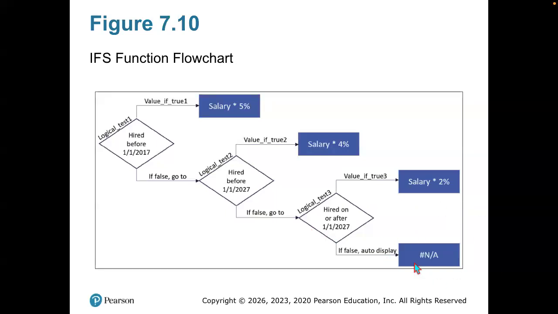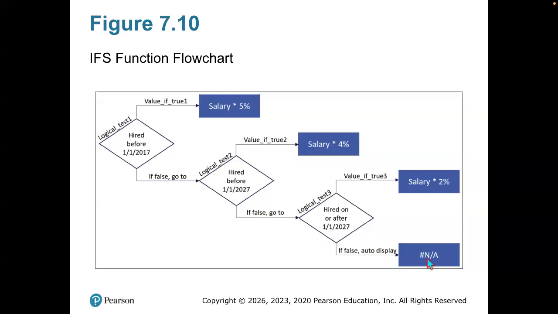But Excel is always going to approach it from the first to the last. So it's going to go first condition, second condition, if that's not true, third condition, if that's not true, fourth condition, on and on. Until if it reaches the end and still nothing is true, then it will automatically give an error.